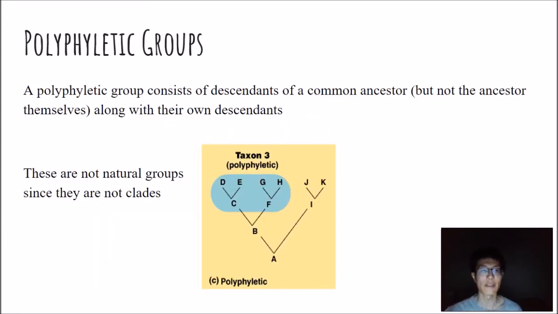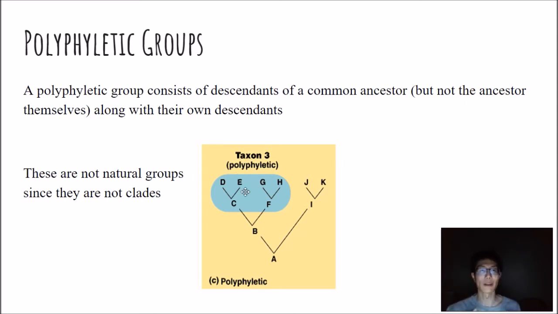Last but not least, we have a polyphyletic group, which is basically consisting of descendants of a common ancestor, but we actually exclude the common ancestor. So you can see over here, we include the descendants, but we exclude the common ancestor. So that's kind of the key thing to help separate polyphyletic groups.